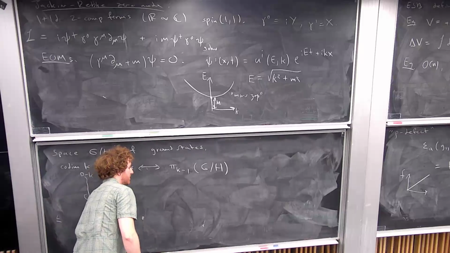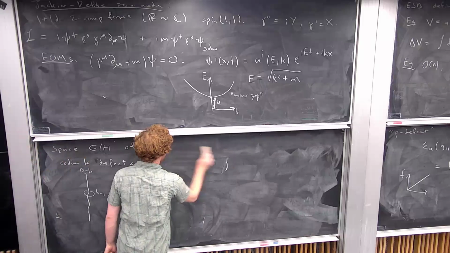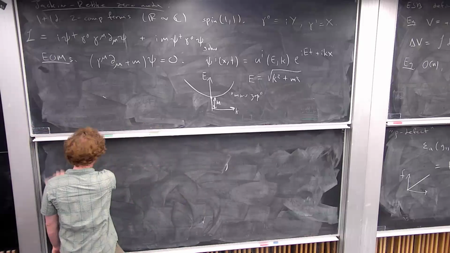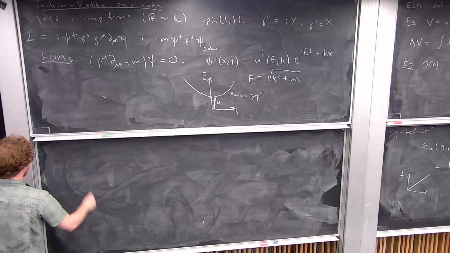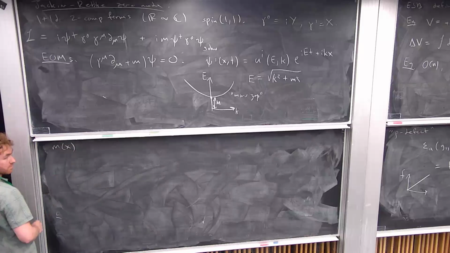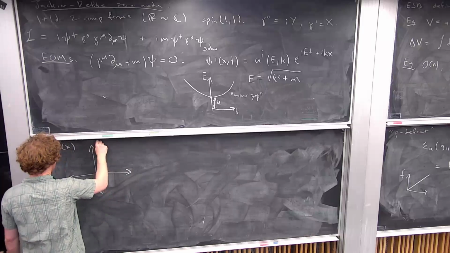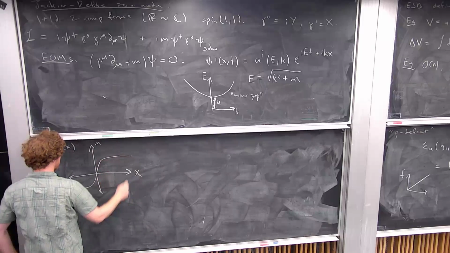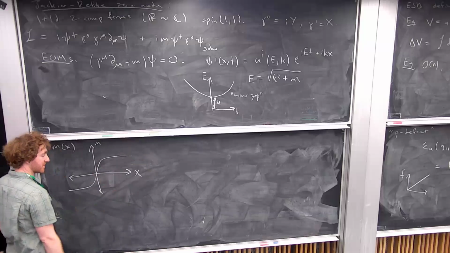So this property tells us that if we now consider our mass to depend on space, say like this, over in this region we have a gapped system, and over in this region we have a gapped system.